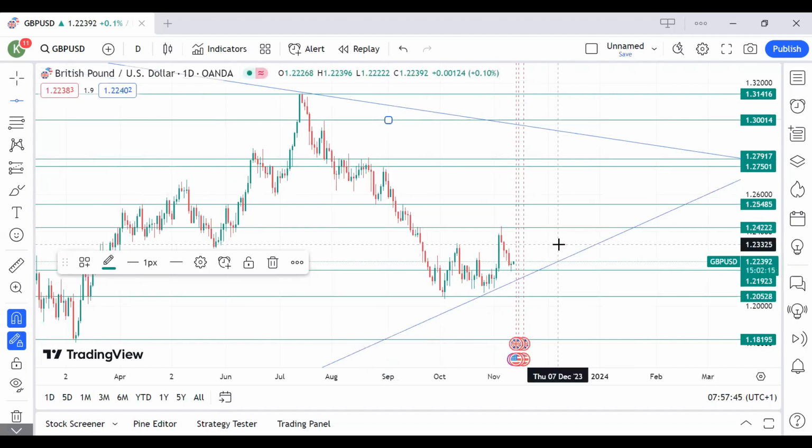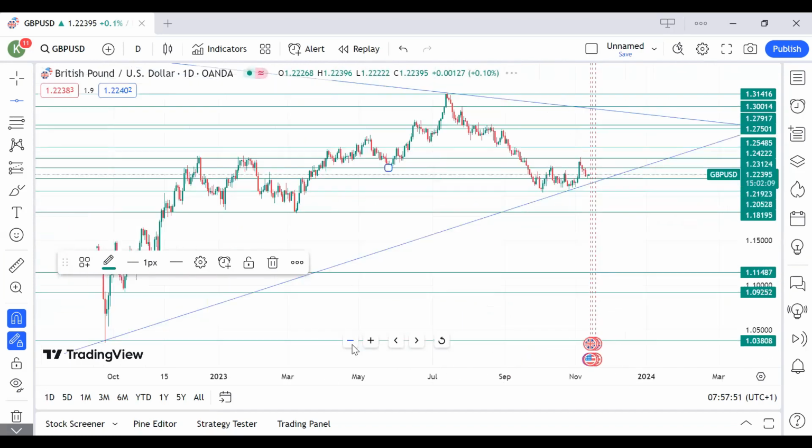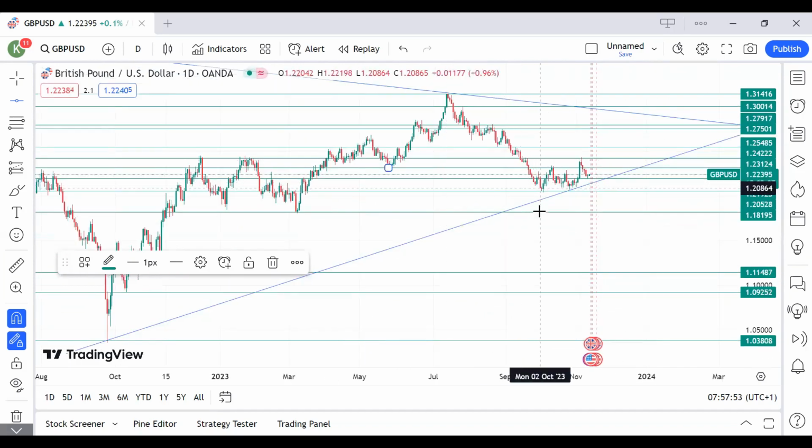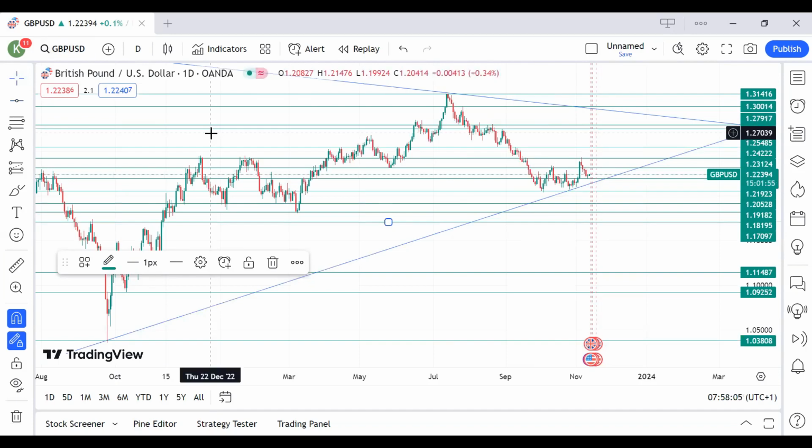Okay, now one here. Let's zoom in properly. I'm spotting one here. And this one here. I think all of these will be enough for the week.